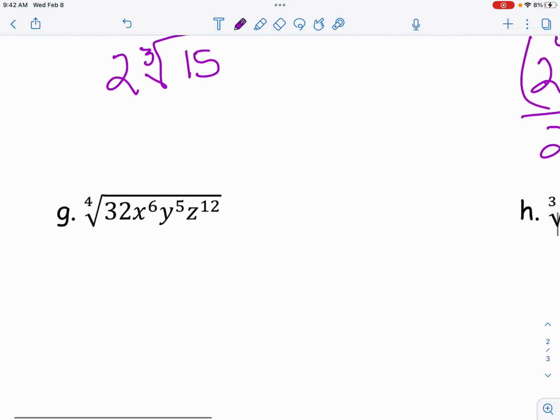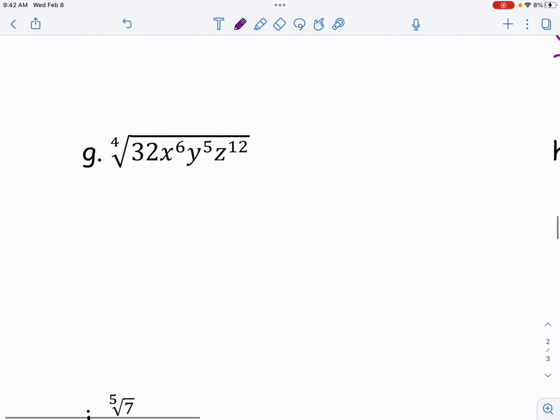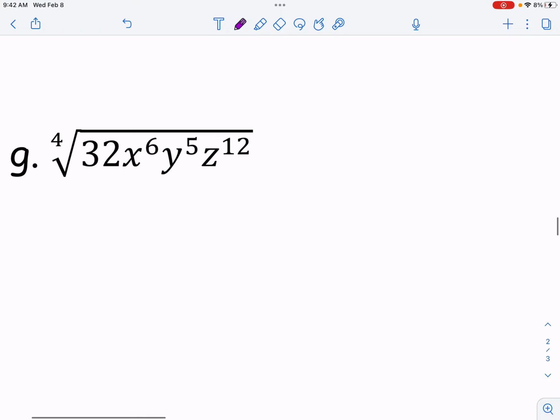Okay, I'm going to take the 4th root of this. So the 4th root of 32, I need to think of a perfect 4th number that can be raised to the 4th power. Well, 16 is the perfect 4th root number. 16 times 2, the 4th root of 16, that's 2. Okay, and I have this 2 left over, so it stays under.